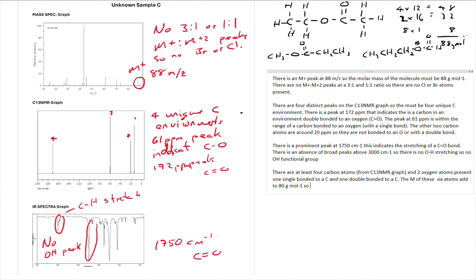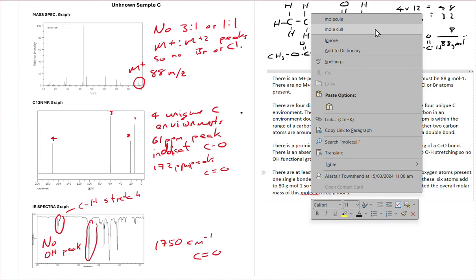So when the 8 bonded hydrogen atoms are counted as part of the overall molar mass of this molecule, it is 88 grams per mole.